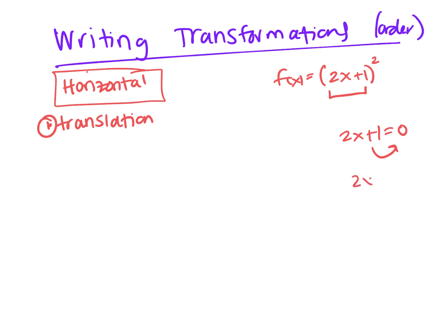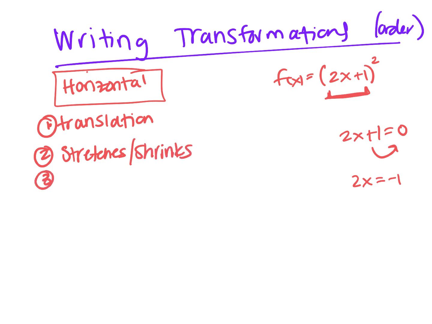Then, after I got here, and again, we're not actually solving, but this just helps you understand the why of what you're doing, the order that we're listing everything in. The next thing I would do is divide by 2. So the next thing I'm going to do is list my stretches or shrinks. And then the last thing I'm going to do is list my reflections.